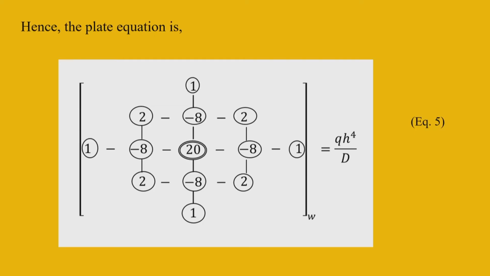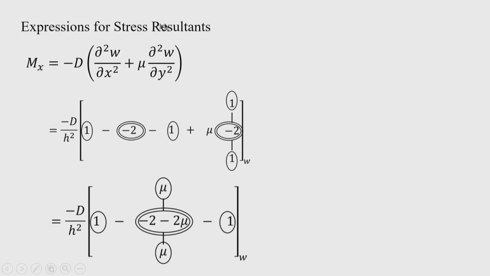Now, let us see the expression for stress resultant. First, let us see what is Mx, the bending moment. The bending moment expression is the second derivative of w, del square w by del x square, plus mu into del square w by del y square.